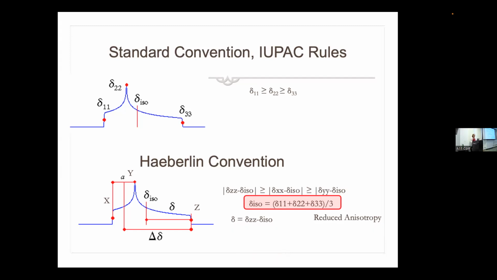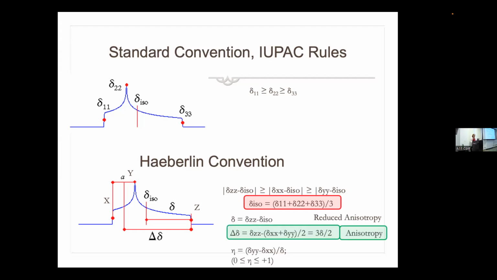Now, the third parameter will give you a hint as to whether X and Y are the same. It expresses the difference between the X and the Y direction. And it is symbolized by the Greek letter eta. Its correct term is the asymmetry.